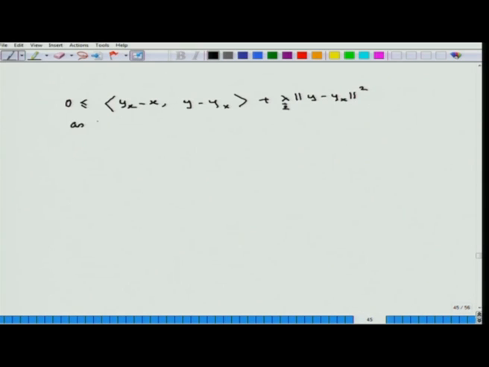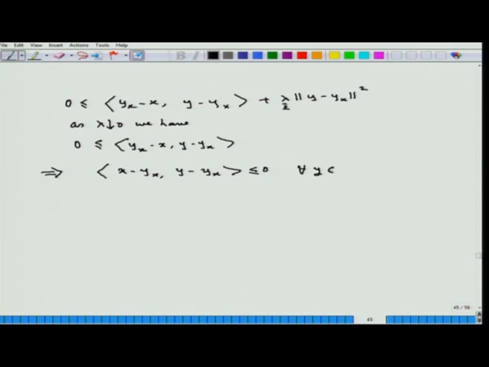Now, as lambda goes to 0, from positive values, this would imply that the inner product of x minus y x and y minus y x is less than or equal to 0. Since y was arbitrary, just any element in C, this is true for all y in C.